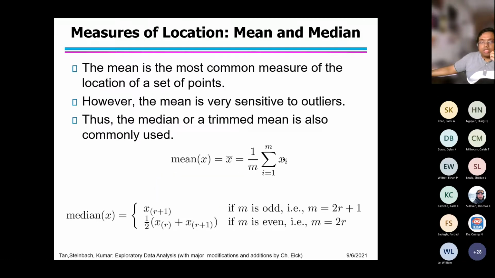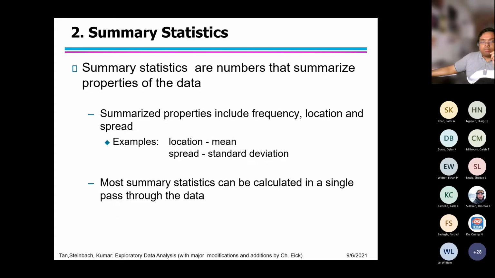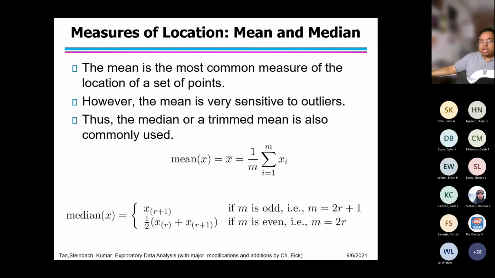Now we saw summary statistics such as mean and standard deviation. Standard deviation is a measure of spread, and mean and median are measures of location. So the mean and median would essentially tell you what values the data set is centered around.